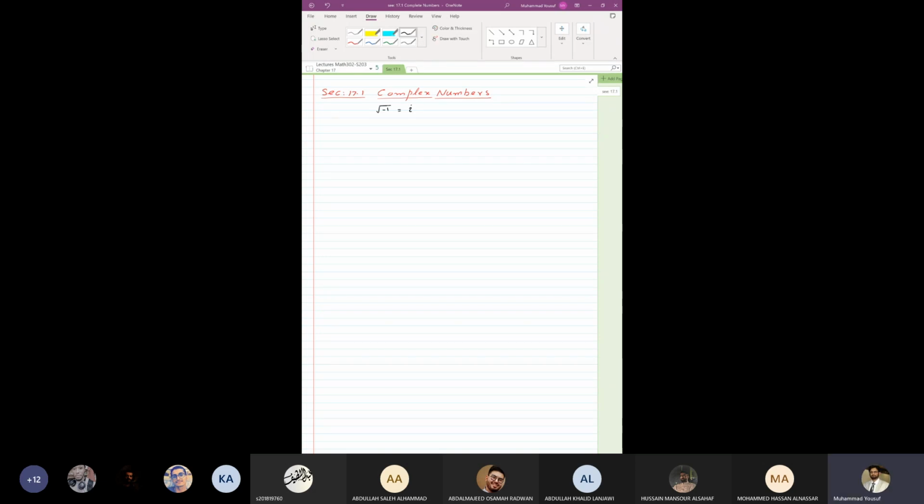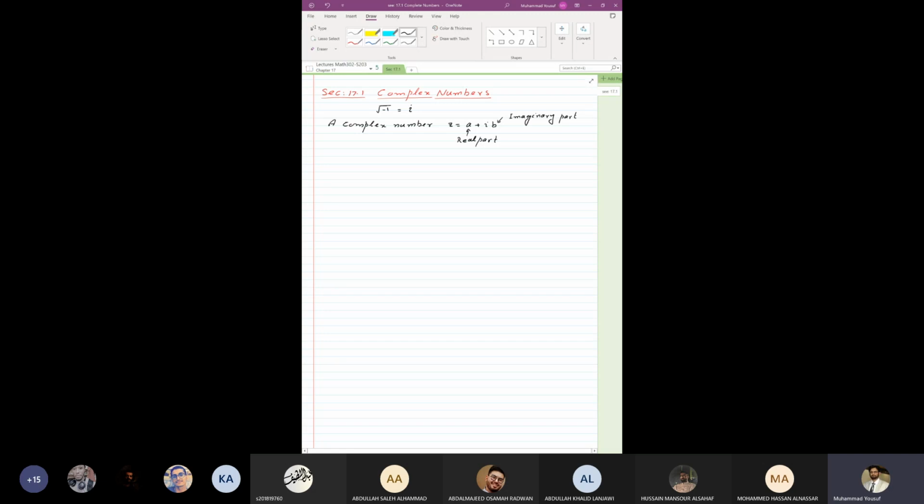And a complex number is denoted by Z and it is equal to a plus ib, where this a is called the real part and this b is the imaginary part. Only b is the imaginary part.